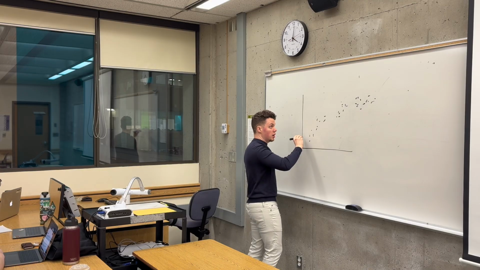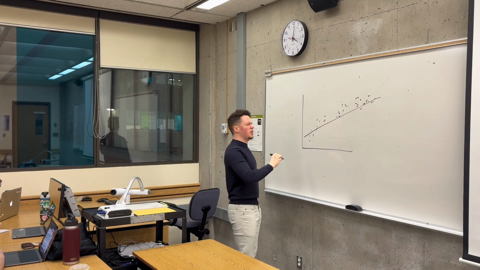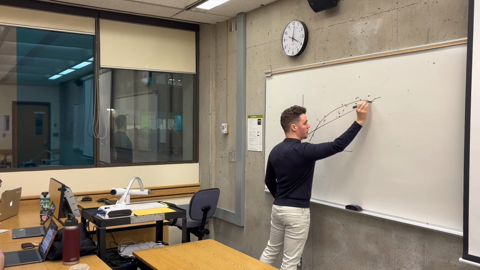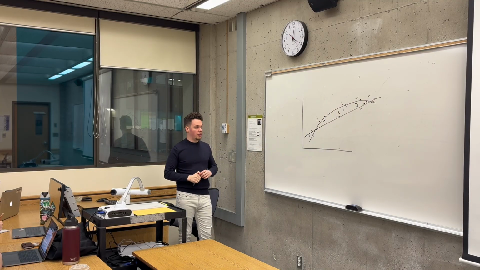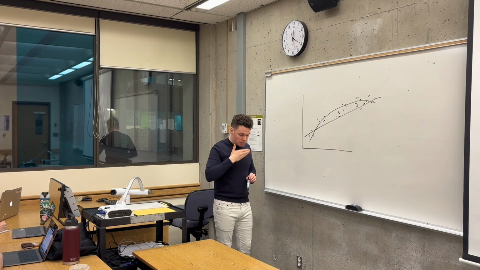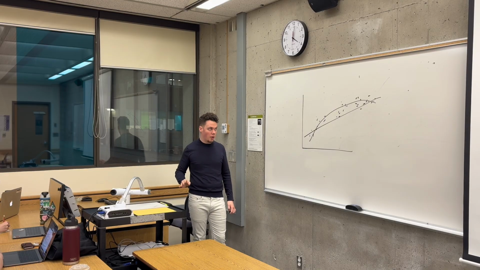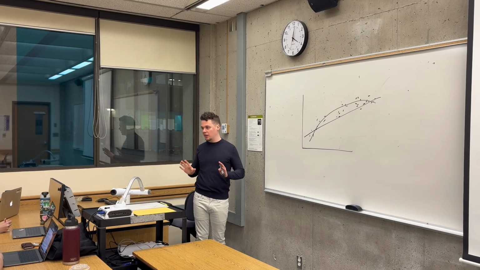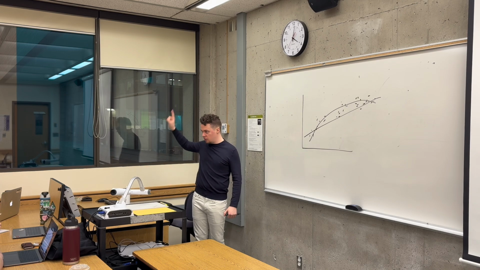So for this one, you could do a straight line, but it looks like you could do something like this. And there are different virtues to different sorts of curves you could fit through data. One thing that's just true, that's worth knowing, is for any finite set of data, there are an infinite number of functions that can fit the data.